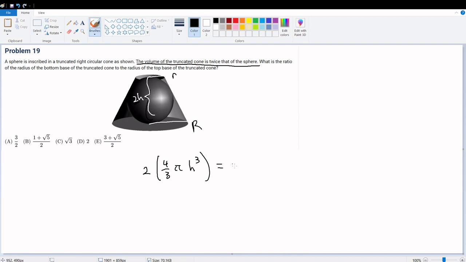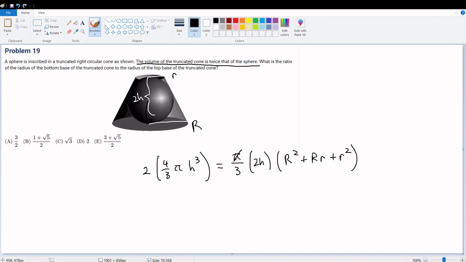It's going to be pi over 3, as we expect, because it's a factor shared amongst all cones, times the height of the truncated cone, which is 2h in this case, times big R squared plus big R little r plus little r squared. Already from this, quite a few terms cancel out.